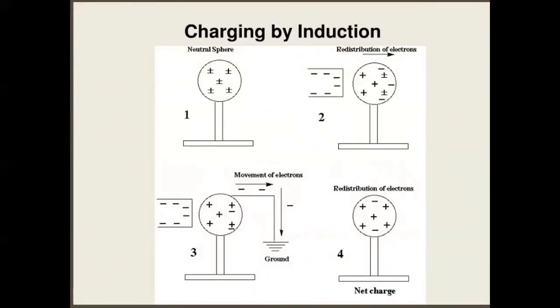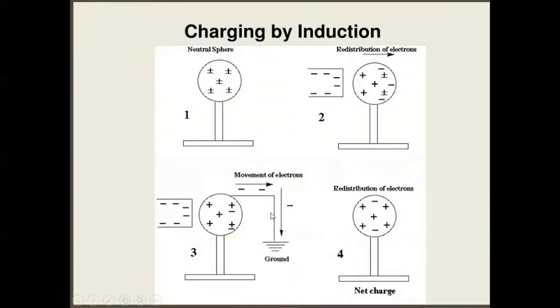Why? Because if we are connecting it to the earth, the electrons will be easily able to flow from this connection down to the earth, and there will be only positive charges left over here. Or in another experiment, if we reverse the process, we can also have electrons coming from the earth into the sphere.